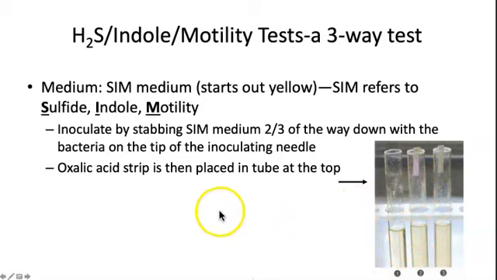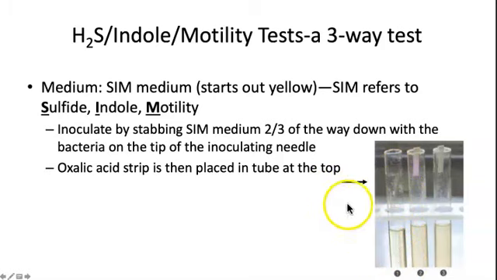The way these tests are set up is by getting a little bit of bacteria on your inoculating needle. You haven't used the inoculating needle yet, but it's basically just the handle with a little wire on it. It doesn't have a loop on the end. So you would put a little bit of that on your needle, and this is a solid medium. It's not broth, so this has agar.